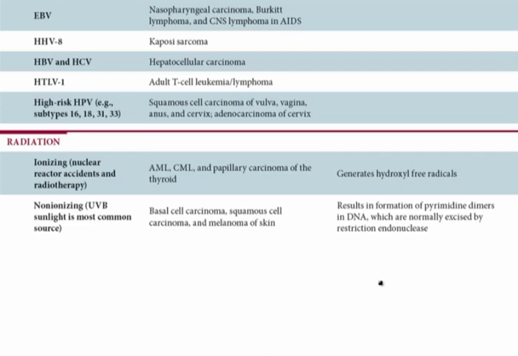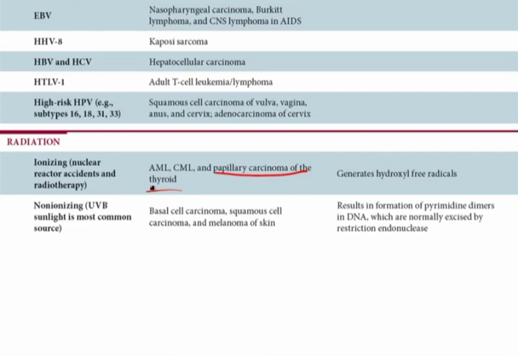And so ionizing radiation does increase the risk for particular cancers, such as classically papillary carcinoma of the thyroid. For example, children that were exposed to the Chernobyl nuclear accident had an increased rate of development of papillary carcinoma of the thyroid.